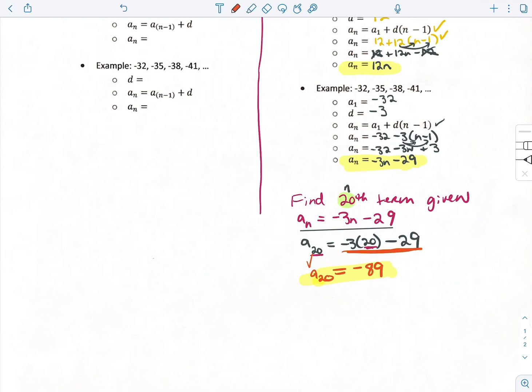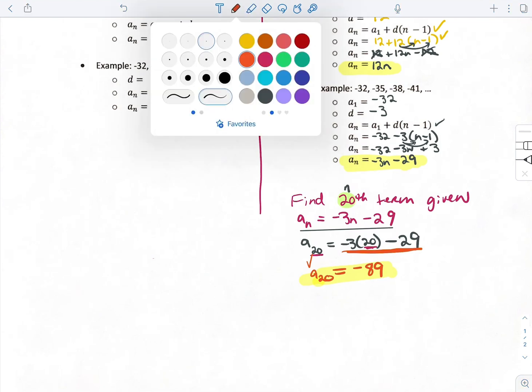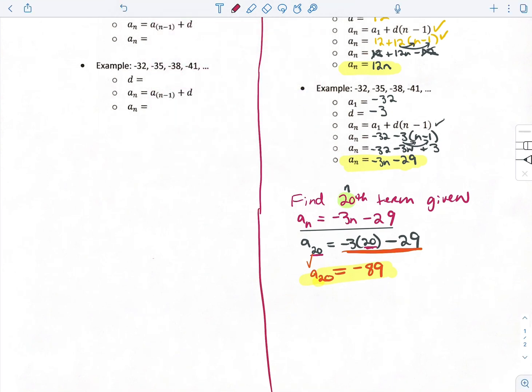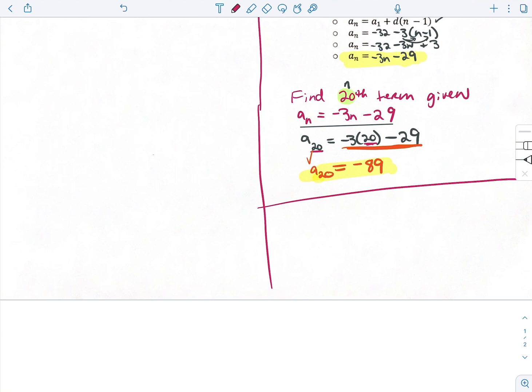Now what? Well, I want to tell you what type of problems you can look for when we need to use this explicit formula. If you're ever asked to find the nth term in a sequence, you need to use the explicit.